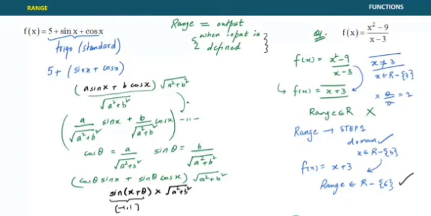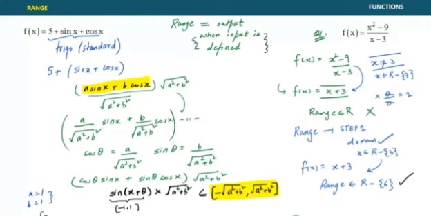So this will actually take values lying between minus under root a square plus b square to under root a square plus b square. And this is what you people have to now remember. So for a sin x plus b cos x, this is the range. Please remember, this is very important, right? Now what is the role of a and b in our particular question? Here a is 1, b is also 1.